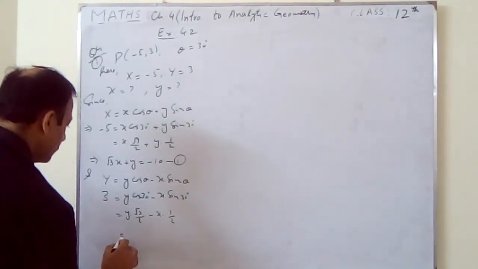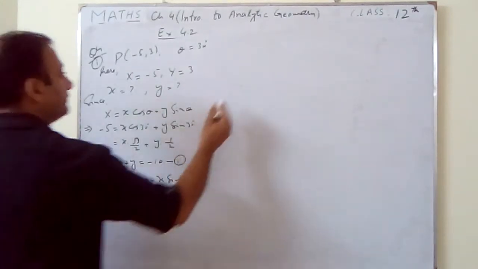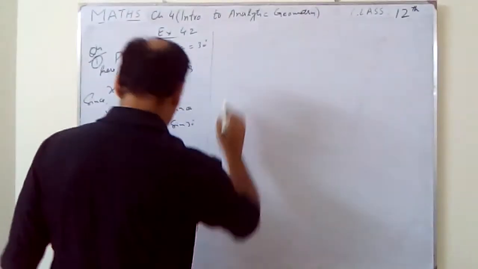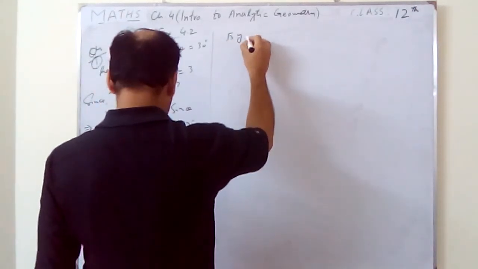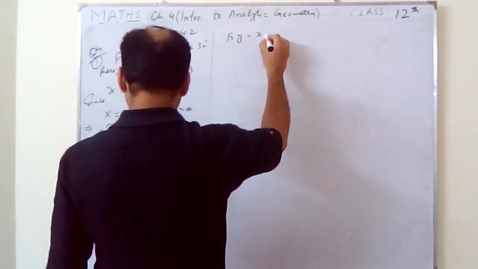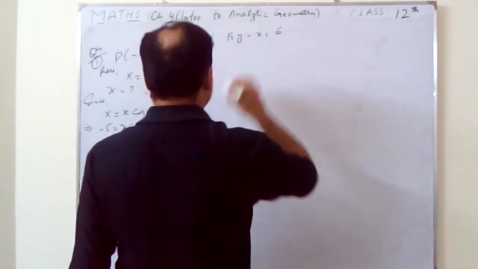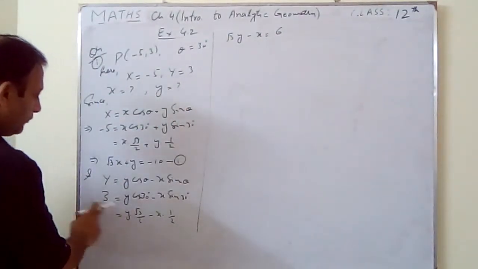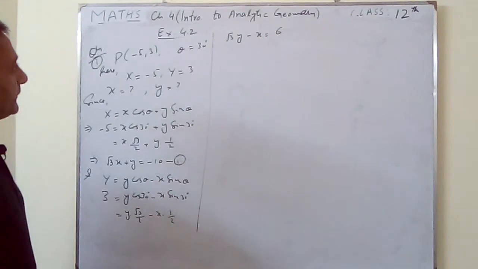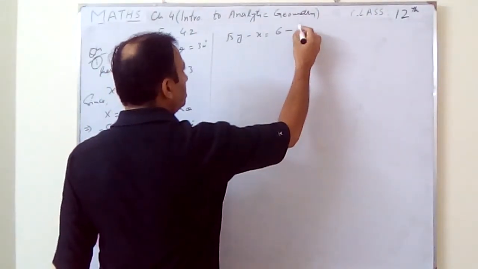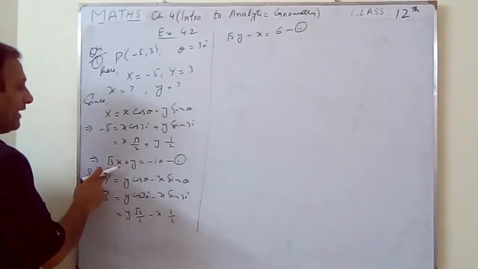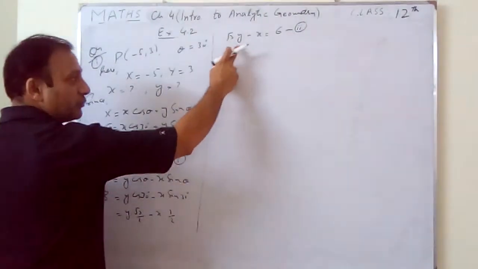So here we can write square root of 3 y minus x is equal to 6. This 2 we take on the other side. So this is equation number 2. We have equation 1, and this one is equation number 2.